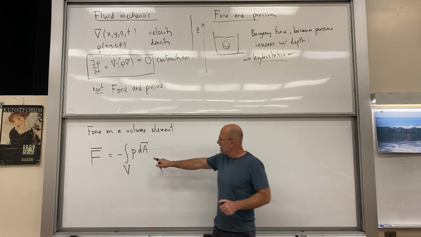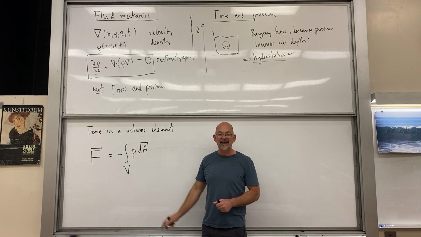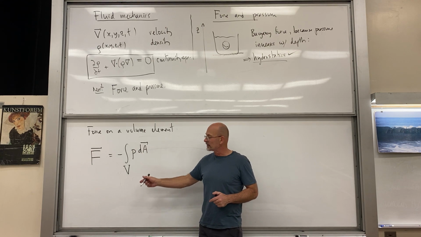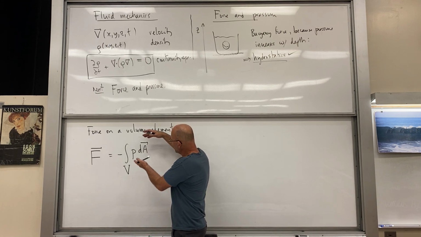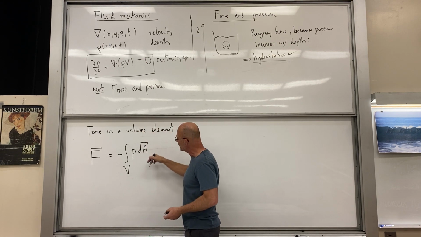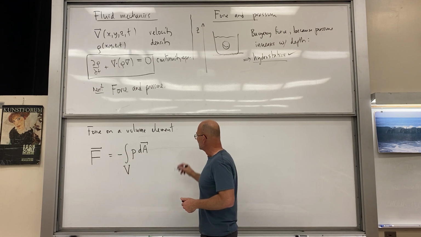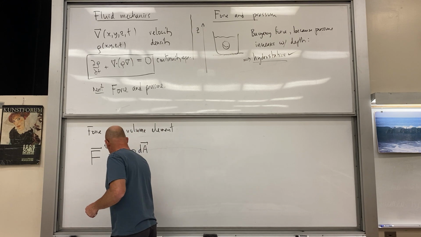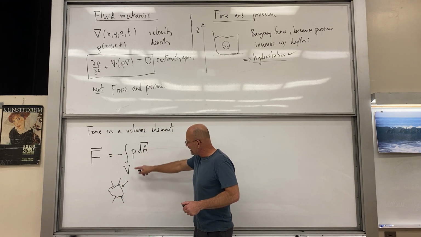The reason for this minus sign is that the directed surface element is directed outward, just standard formalism, and therefore the force on the volume element due to the fluid is going to be opposite that direction. Well, we can do a little picture after all. So there's your volume element, and your forces are acting like that, but your d area is in the other direction.